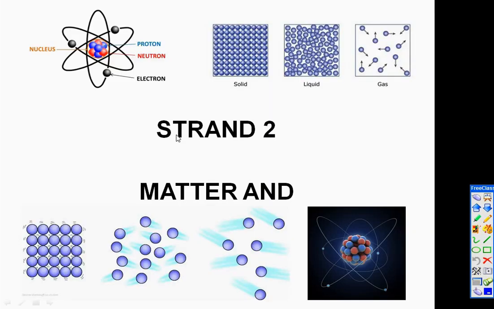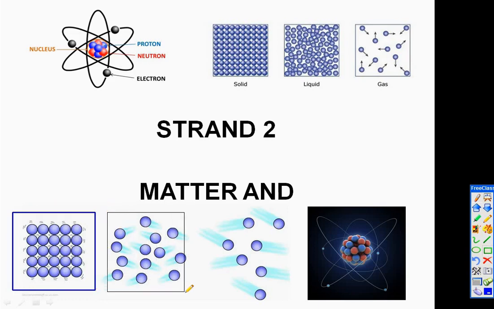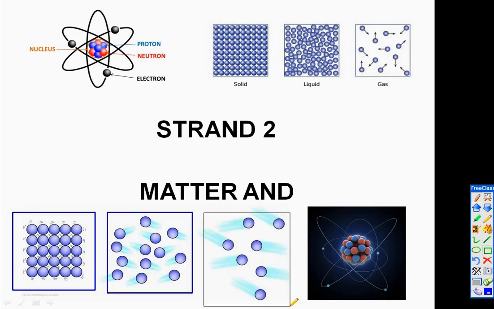Just to give you a background, in grade 6 we learned about particles, and we learned that particles are the smallest part into which we can break down a material. In science we have 3 phases of particles. We have solids, liquids and gases, as you can see in the pictures there.